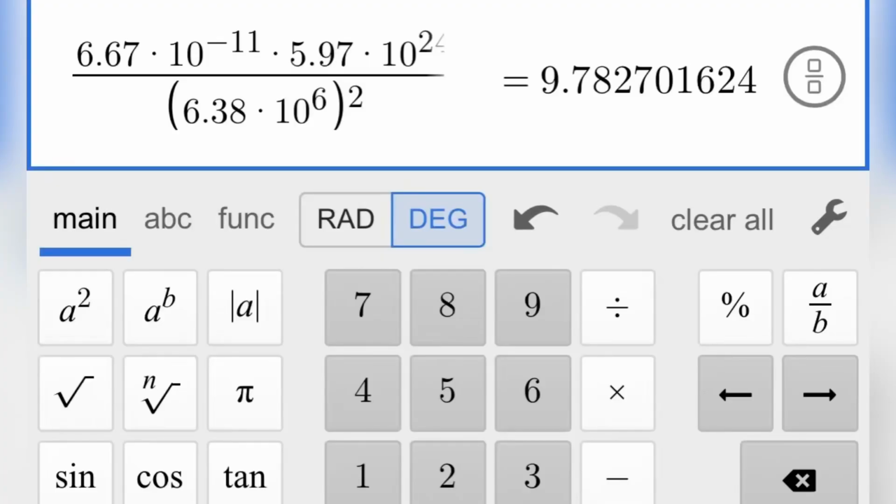So I typed in the equation: the gravity constant, 6.67 times 10 to the negative 11th power, times the mass of the Earth, divided by the radius of the Earth squared, and it comes up to 9.78.